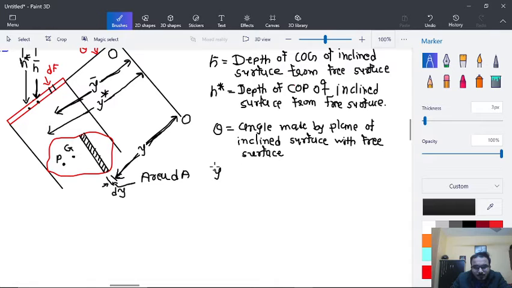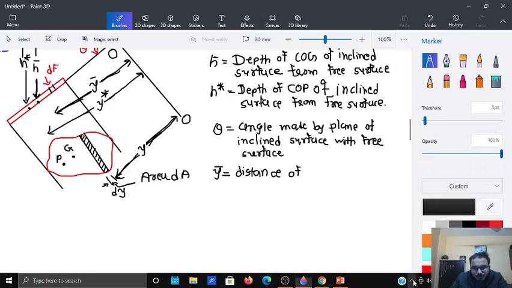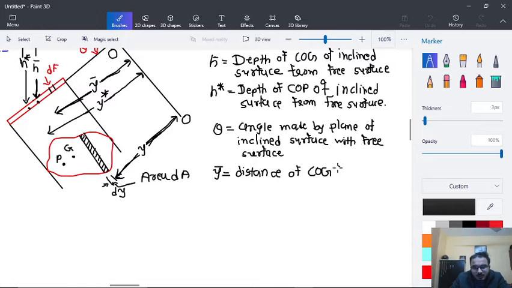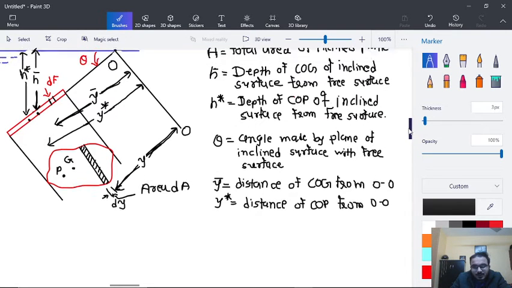Now y bar is equal to distance of COG from O, and y star is equal to distance of COP from O. Okay, so this is all about the nomenclature that we have already done.